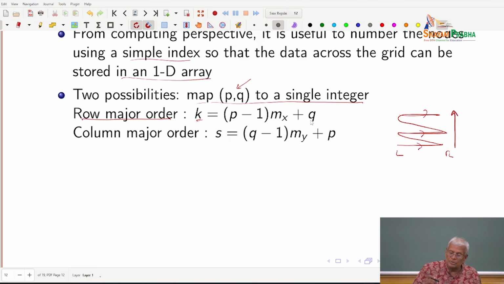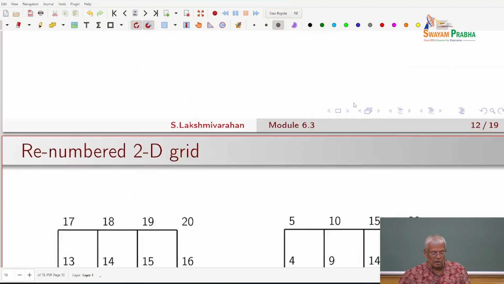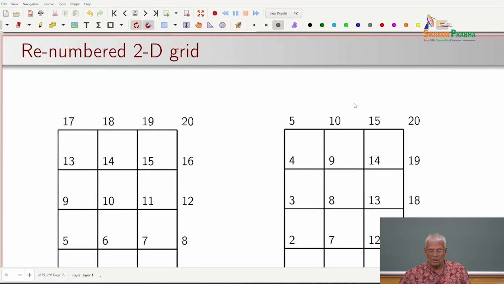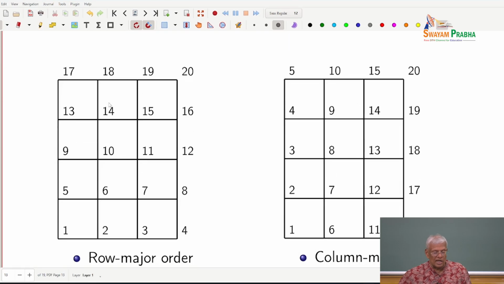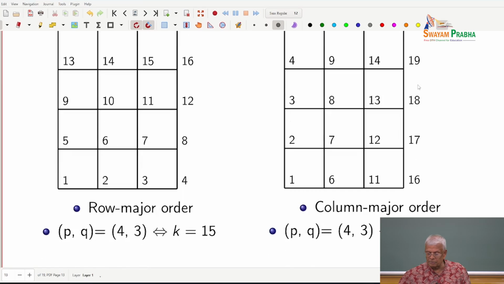So p q can get an index k depending on whether I consider the row major order or the column major order. A grid numbered using this formulation is given the double index representation on the left and the single index representation on the right. And I have talked about the conversion. 4, 3 corresponds to 15 in row major order, and 4, 3 corresponds to 14 in column major order.